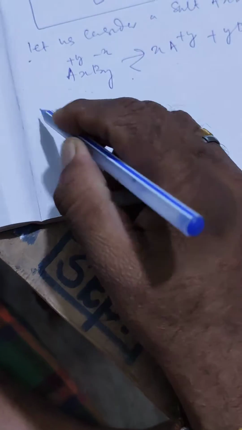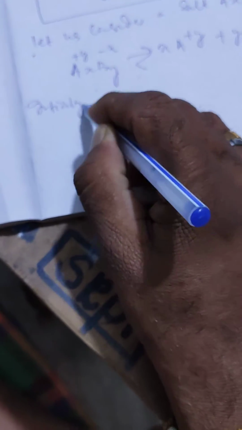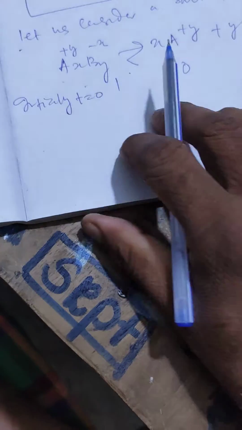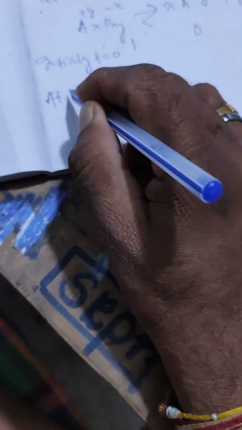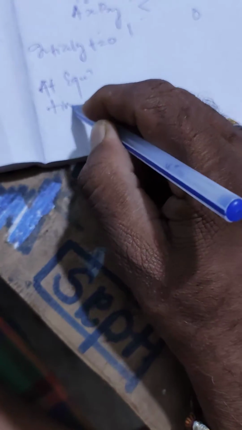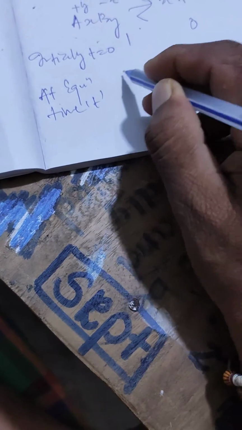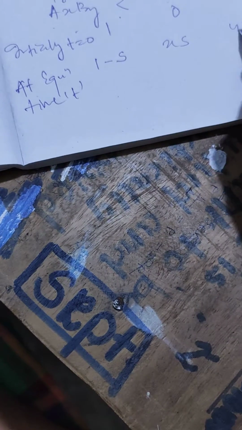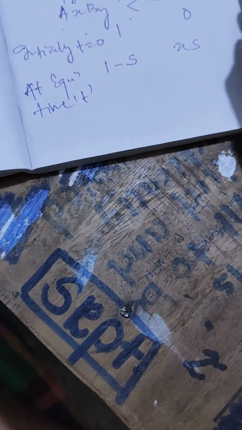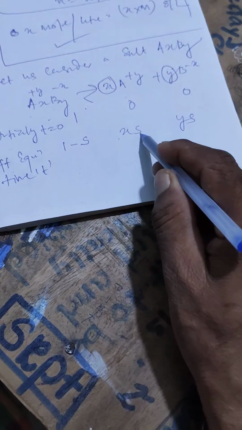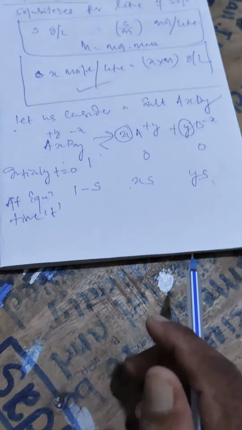Initially, when time t is equal to 0, if you take 1 mole, it will be 0 and 0. At equilibrium, after time t, if S mole solubilizes, then it will be xS and yS, because it is x coefficient and y coefficient. That's why it is xS and yS. Clear?